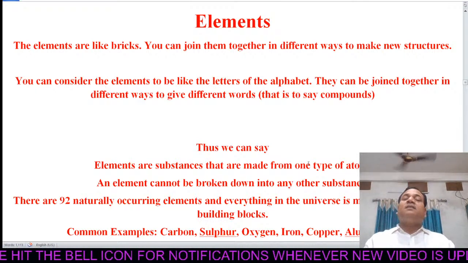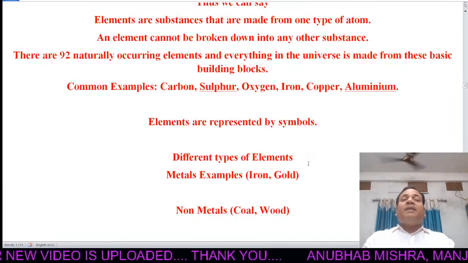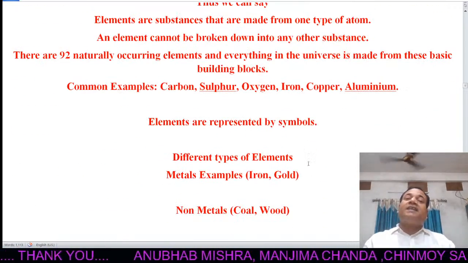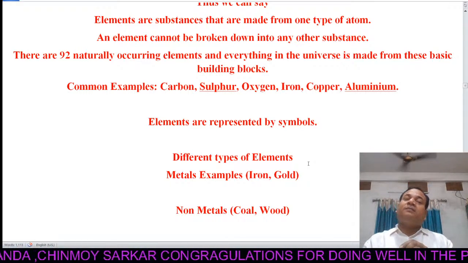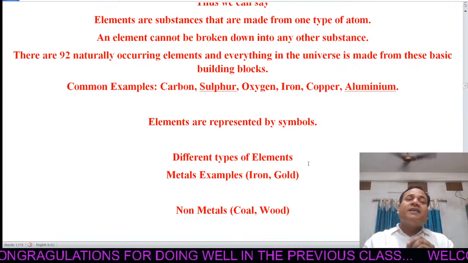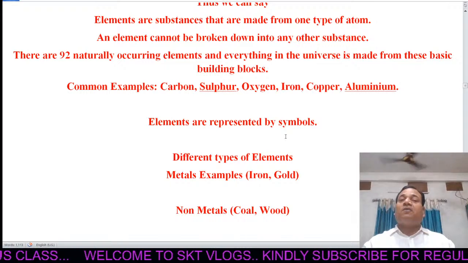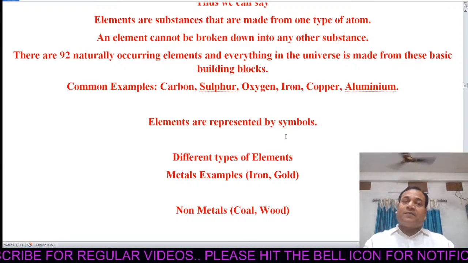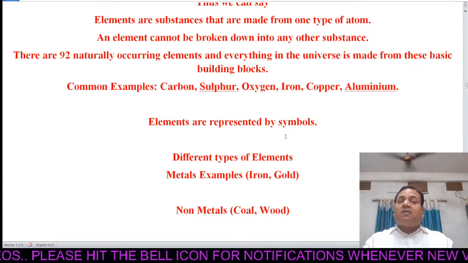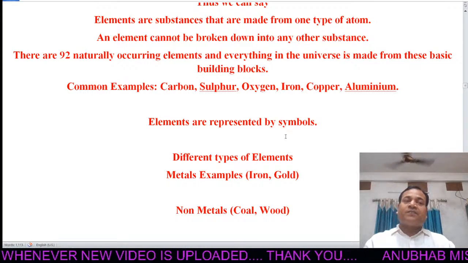Now see, thus we can say elements are substances that are made from one type of atom. What is an element? Elements are substances that are made from one type of atom. An element cannot be broken down into any other substance.